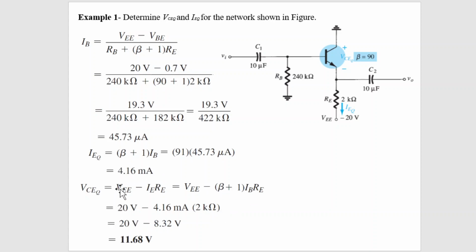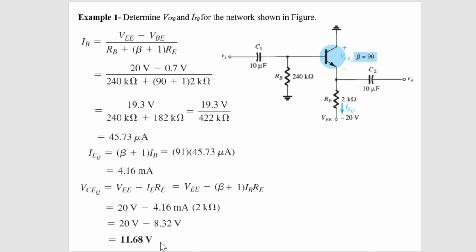So 20 volt minus 4.16 milliampere multiplied by 2 kilo ohm. This gives 20 volt minus 8.32 volt, so VCEQ is equal to 11.68 volt. So this is a very easy technique to determine the Q point in this particular transistor biasing configuration.